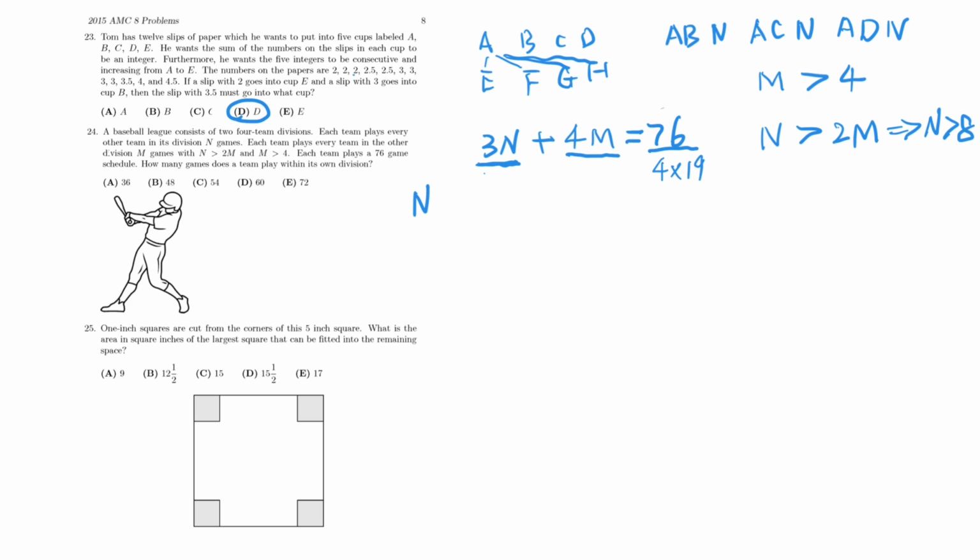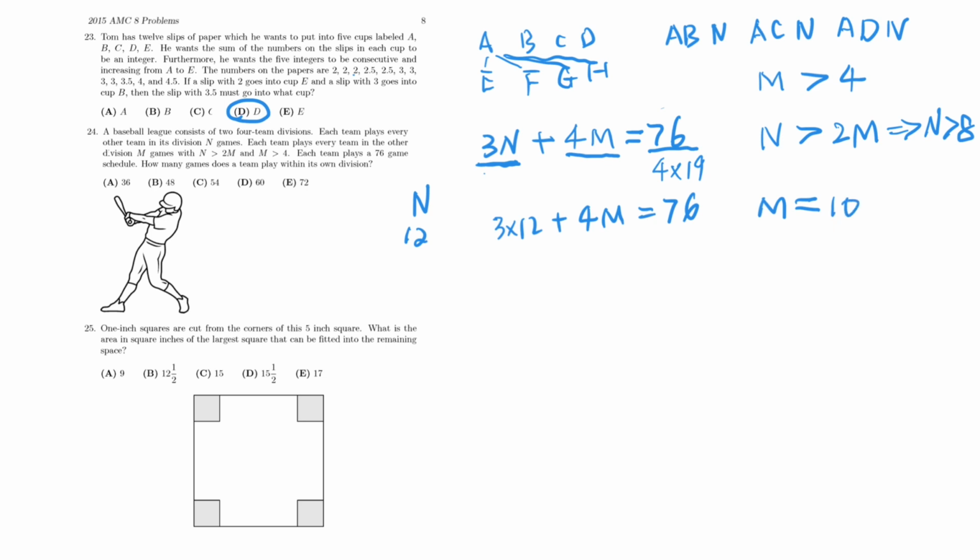So if N is 12, that means 3 times 12 plus 4M equals 76. M equals 10.